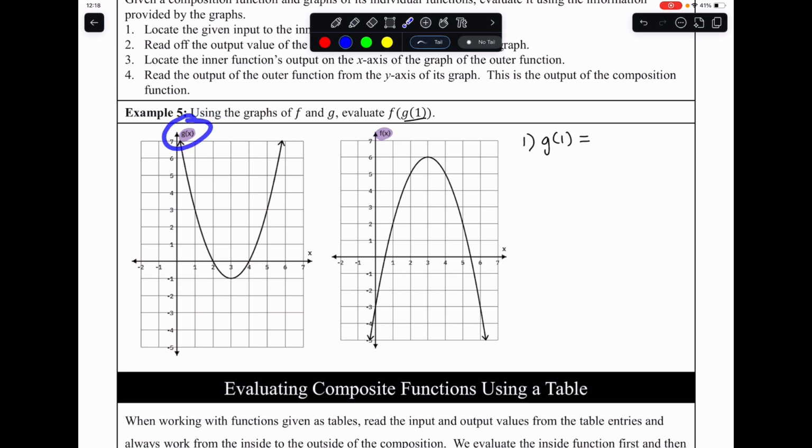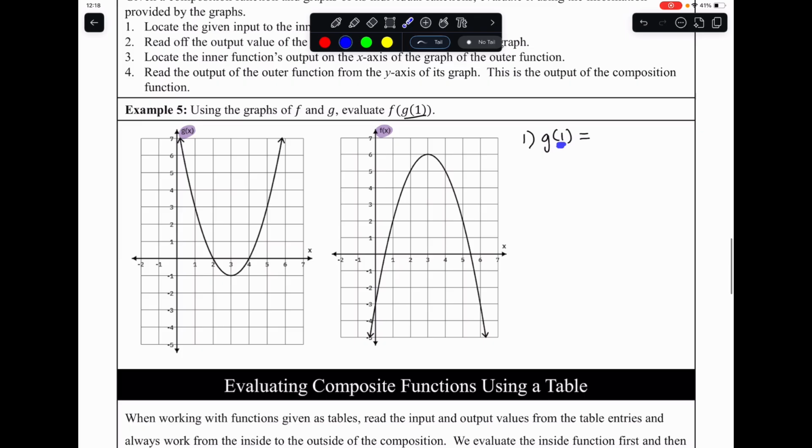We look at the x value of 1 along the x-axis, and then find the corresponding output value at 1, which is 3. So g of 1 equals 3.